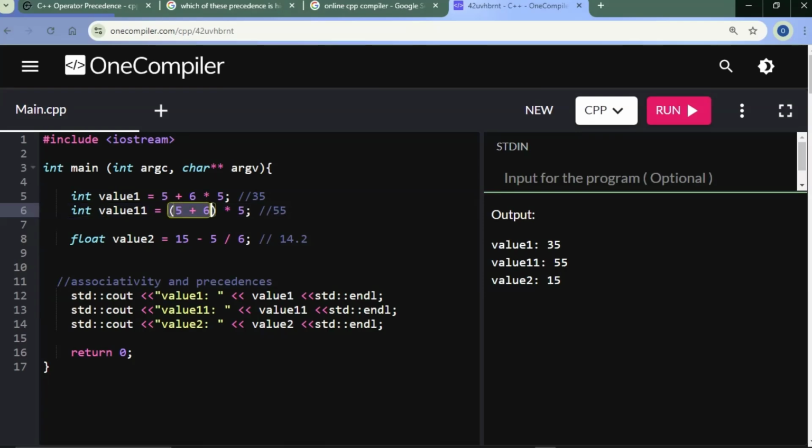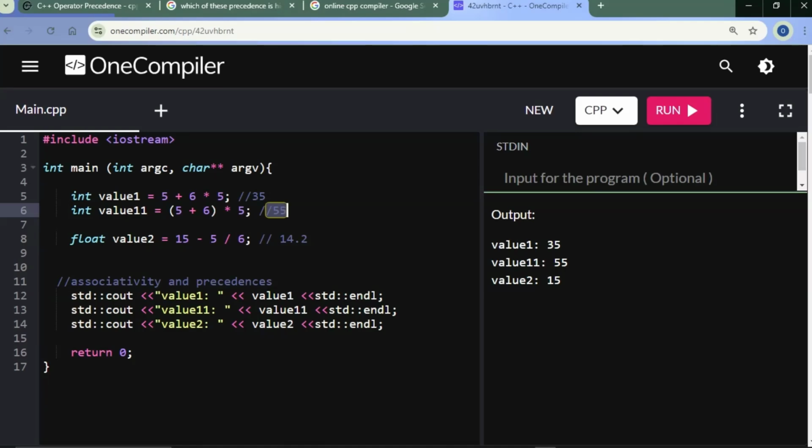Now when we use this parenthesis, it makes this the highest precedence by overriding the first part, and makes this 5 plus 6, which gives us 11. 11 times 5 gives us 55. So that is how precedence works.